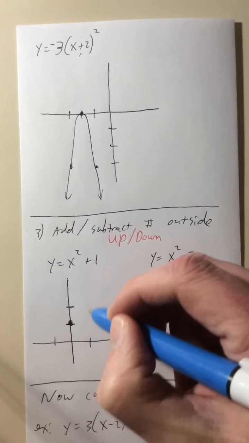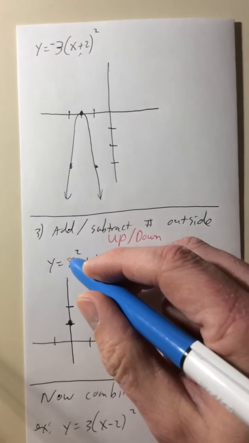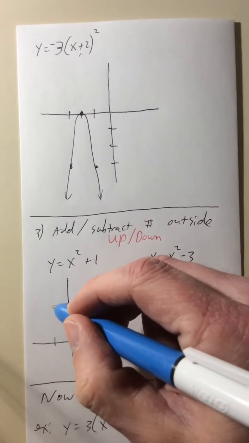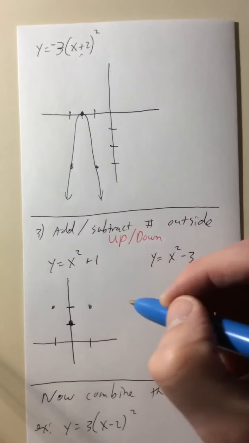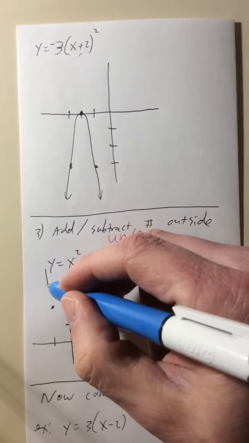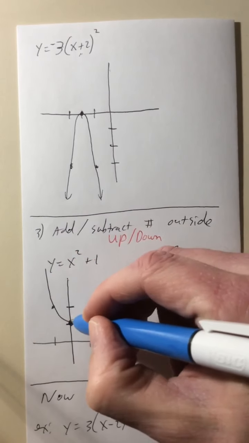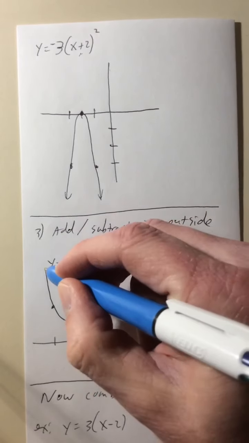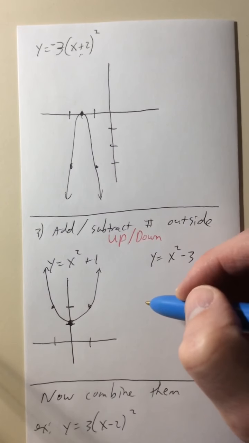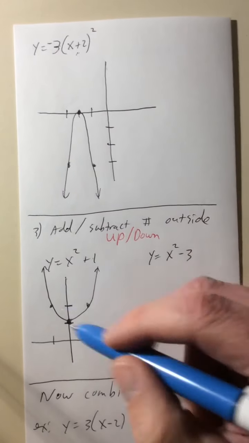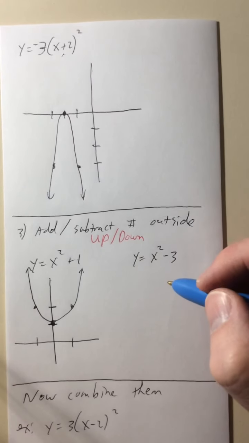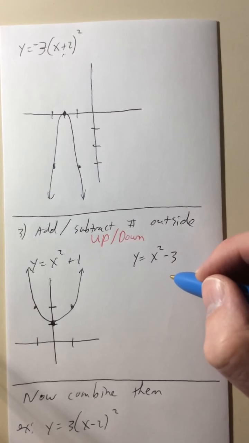And then we go over 1, up 1, because the slope, quote-unquote slope, it's not really a slope, but we treat it like it's a slope, is there. And then we connect the dots and make a U. And there you have it, a happy little U. Sort of like Bob Ross, but not.